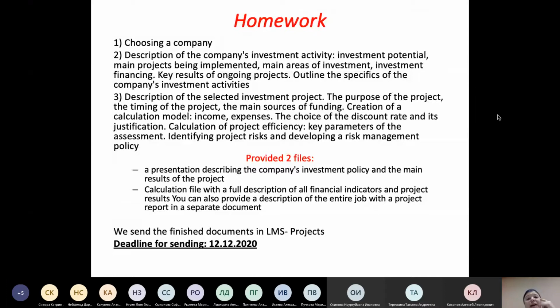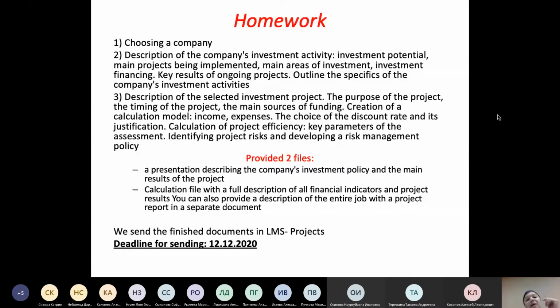And then you'll present key results of ongoing projects and determine the specifics of the company's investment activities. And as I said earlier, well-known projects of the company and the results of these projects.